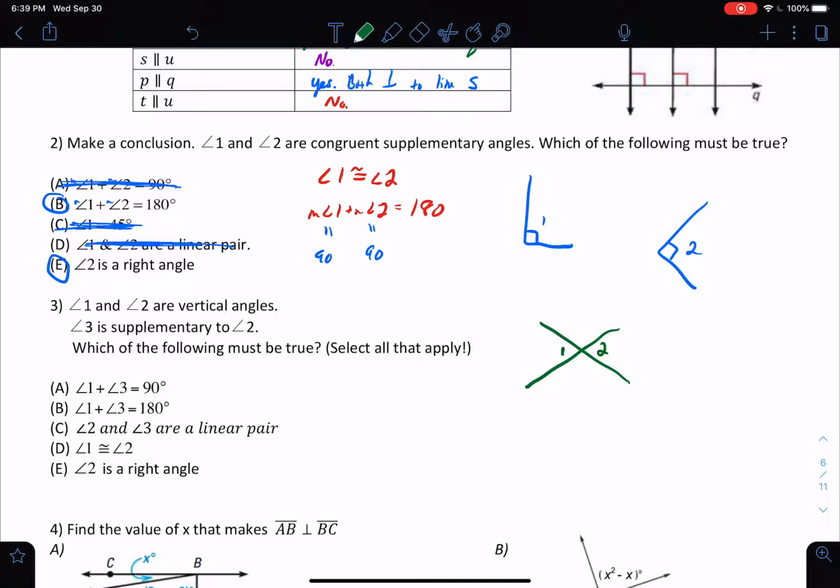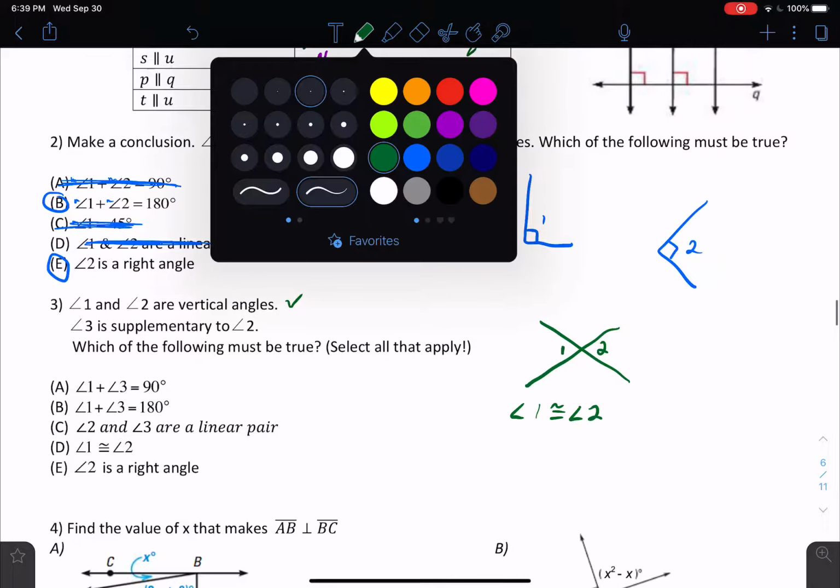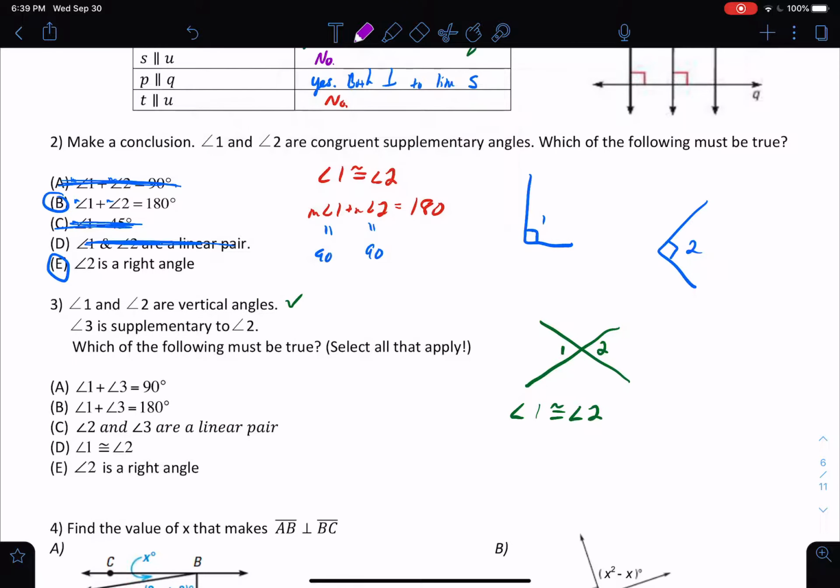One more thing, with angle 1 and angle 2 being vertical angles, I know they are congruent. That's what the first step tells me. The second line says that angle 3 is supplementary to angle 2, which means that the measure of angle 3 plus the measure of angle 2 has to equal 180.